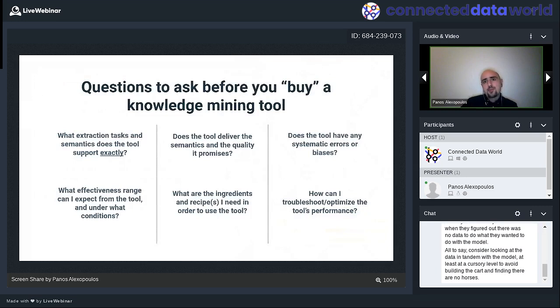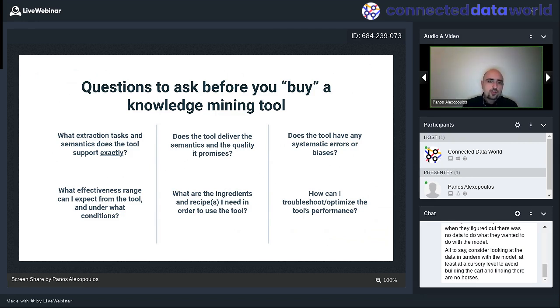So, apart from the algorithms and the techniques that we discussed in this masterclass, a takeaway that I want you to have is a way of thinking and a methodology of scrutinizing knowledge mining tools before you buy them. When I say buy them, I mean you may need to pay money, but you also may just want to adopt a particular free system. You still pay for it in the sense that in many cases you have to invest time and resources.